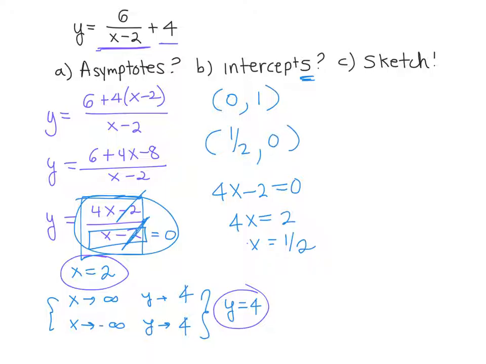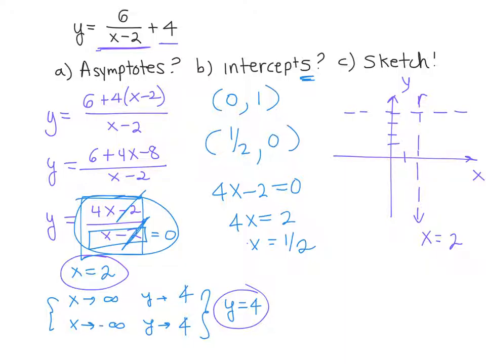So 1/2 and 0 is my x-intercept. All right, so we now have to sketch the x and y axes. Now this is super easy, right? x equals 2, that's where the asymptote is, so right around here. And then the other one is when y is equal to 4, so right around there.